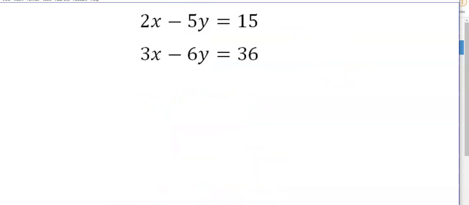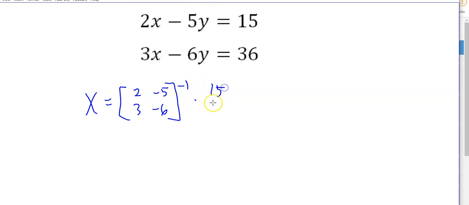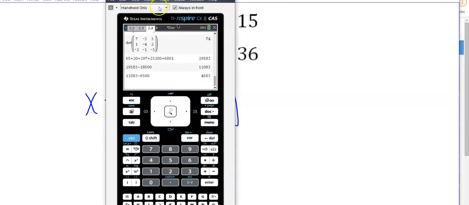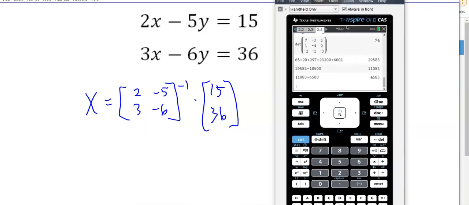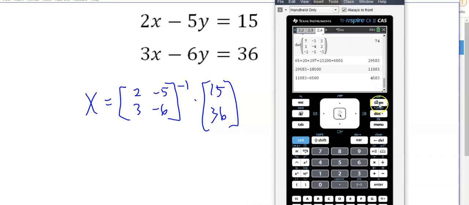I'll write it out just so you have it. So X, which is the variable matrix, equals the inverse of A. A would be 2, negative 5, 3, negative 6. The way we write the inverse is to the negative 1 power. That means the inverse. Times B, which is the constant matrix. And then we're just going to type that in our calculator, and that should give us the answer. It's actually a really quick and pretty easy method.